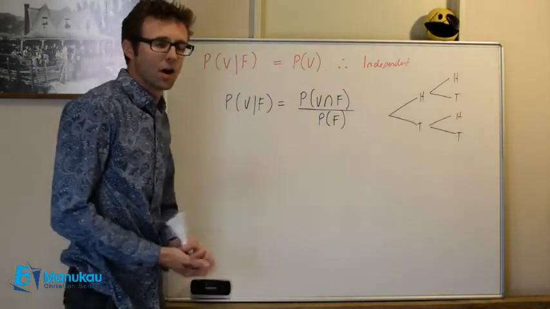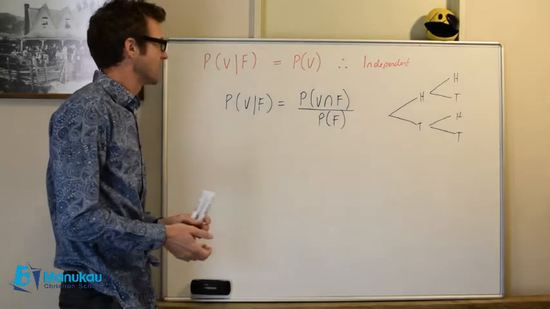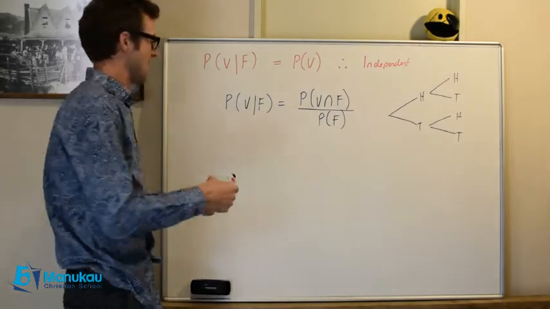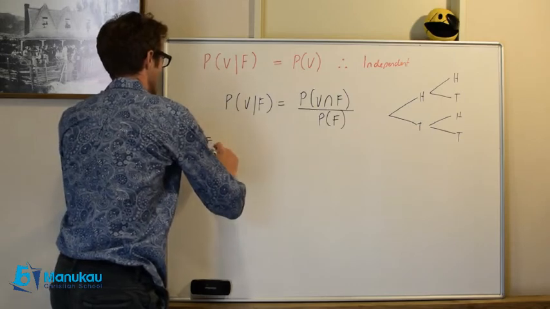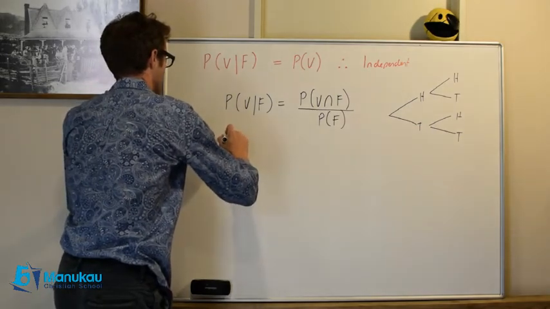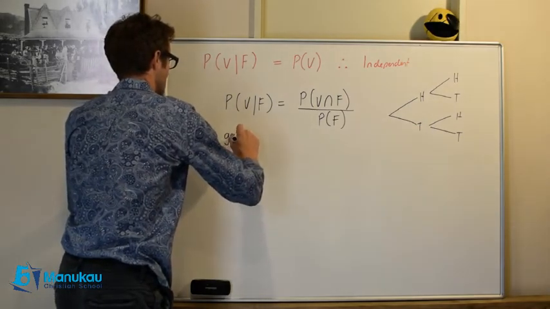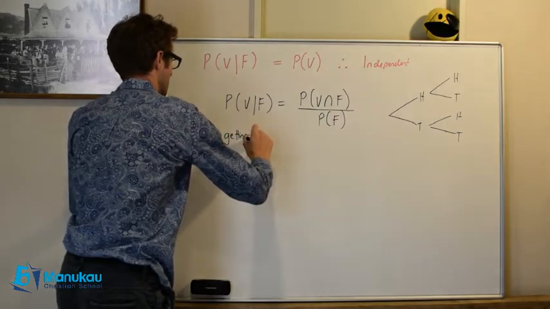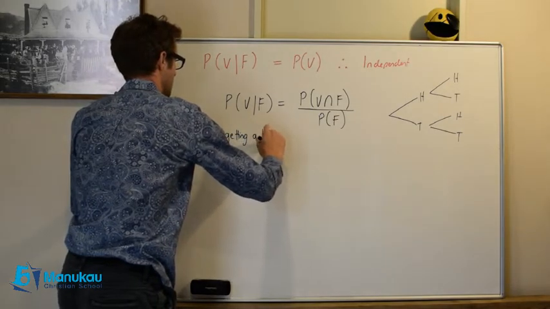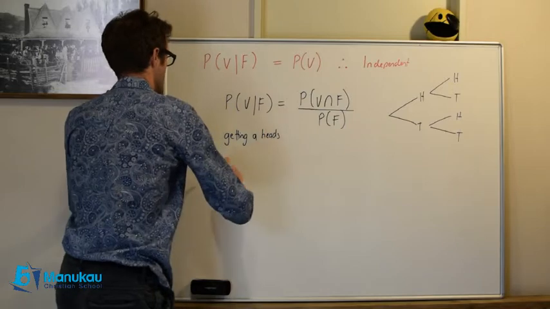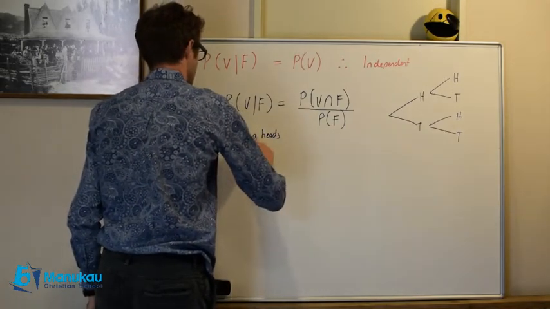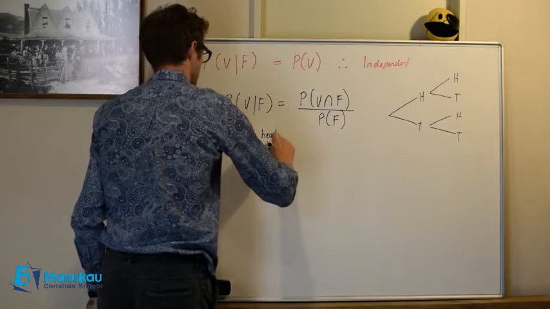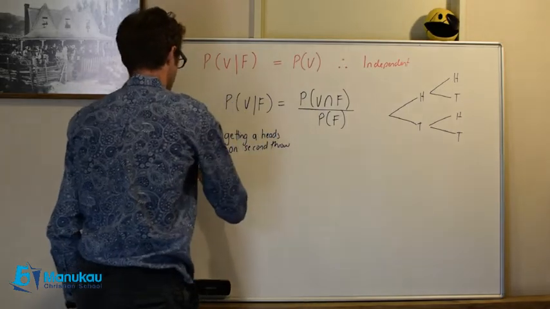So let's now make this concrete by considering V and F as the following. V is equal to getting a heads on the second throw of a coin.